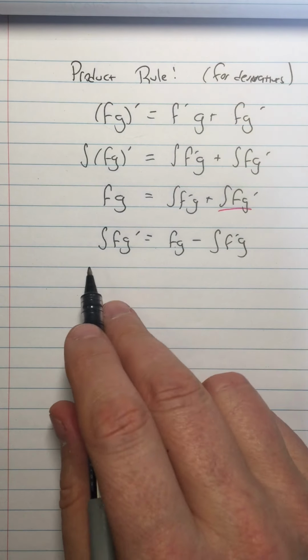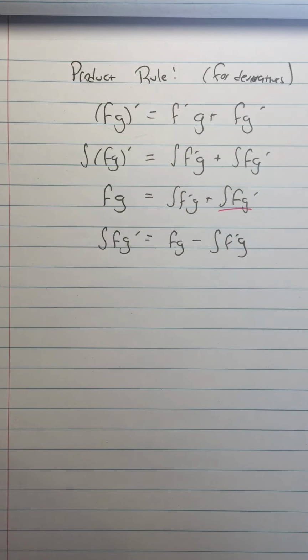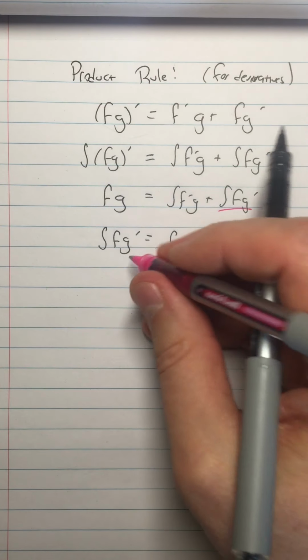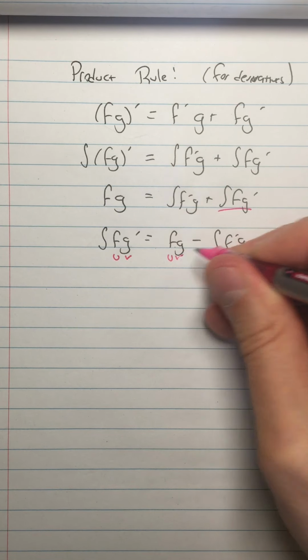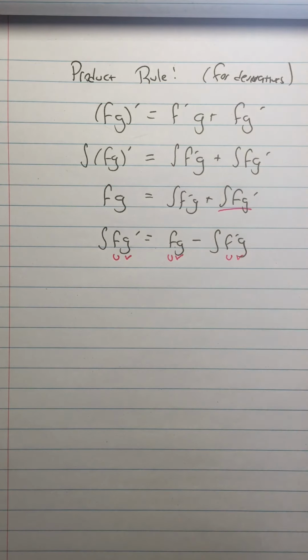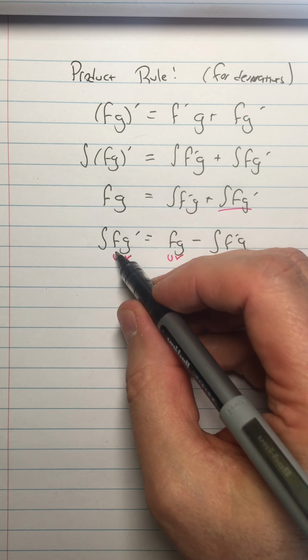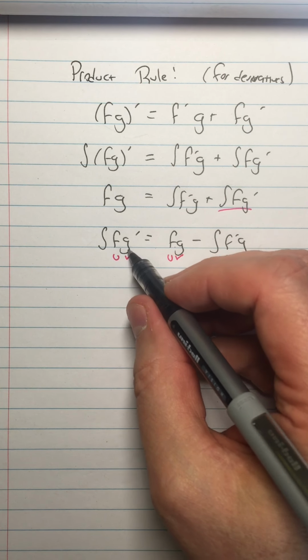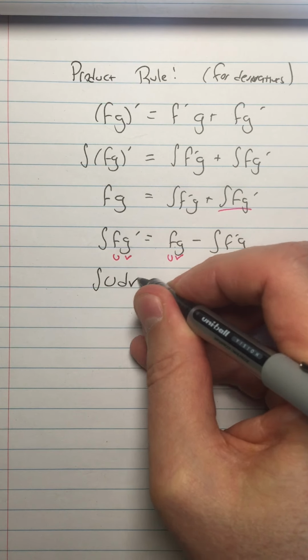Now we have a separate notation that we use for this integration technique. We usually call these u and v. Sorry about that, but that's traditionally what they're called, u and v. And then what we do is we say it like this. U is not differentiated here, but v is. So what we're going to write is the integral of u dv.